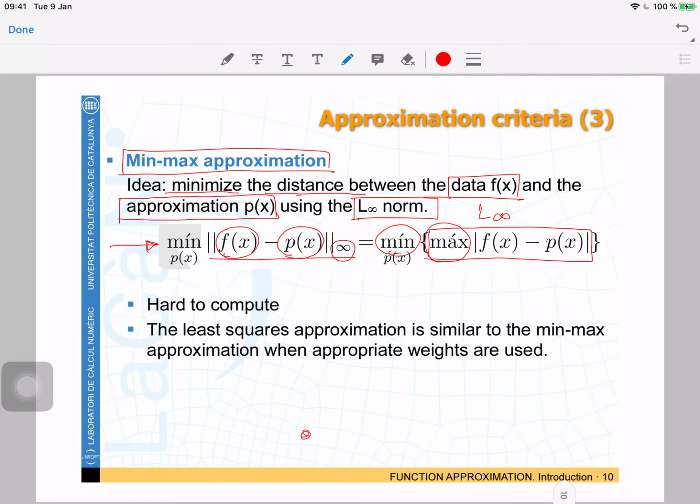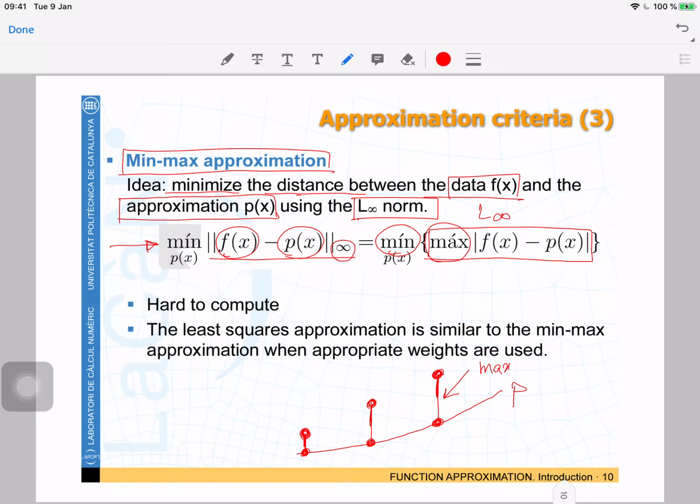So consider that we have some data points and we want to approximate these data points with the function p. Okay, so if we obtain the distances, the first distance, the second distance, and the third distance, here it is obvious that the maximum distance is the last one.